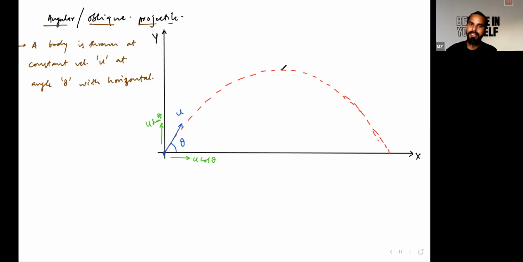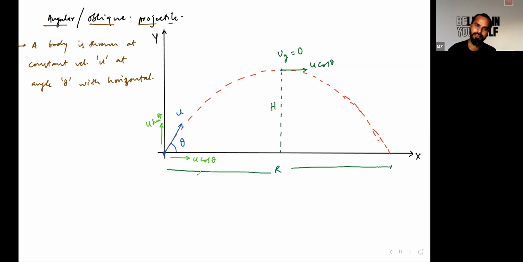Then at its highest point, it will have only the horizontal component, and that will be u cos theta. The vertical component would be 0 as there is no further motion going vertically upward. The total height at this point is called the maximum height attained by the body, and the total horizontal distance it covers from the start of the journey until it hits the ground is called the range.